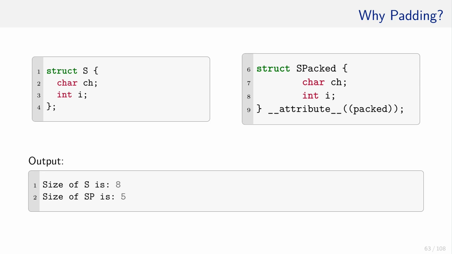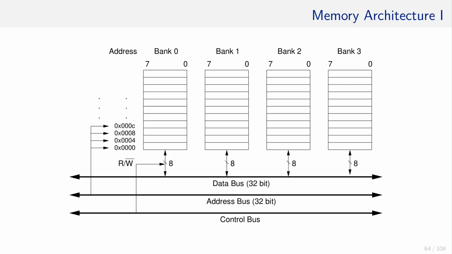For that, we have to understand a little bit about memory architectures. The memory has several I/O ports, such as the data bus, to read and write information. It also has a clock and control signals to tell the memory what to do, that is, for instance, reading or writing.